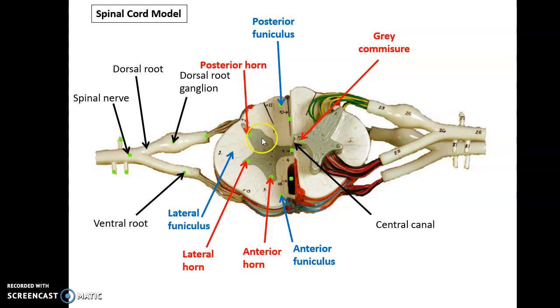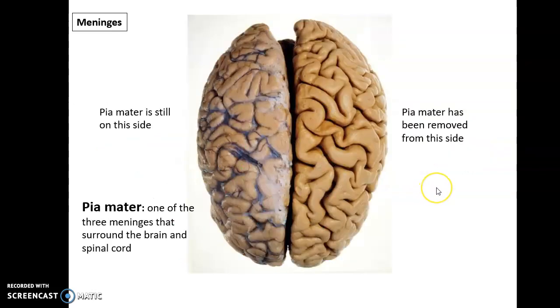So we have the posterior horn, the lateral horn, and the anterior horn. And then the bar going across the two sides of the spinal cord, that is the gray commissure. In the gray commissure, you'll find the central canal. Again, posterior horn, lateral horn, anterior horn, gray commissure.